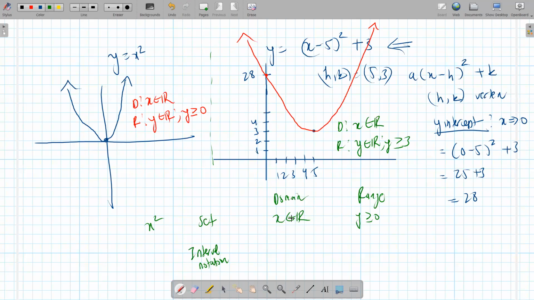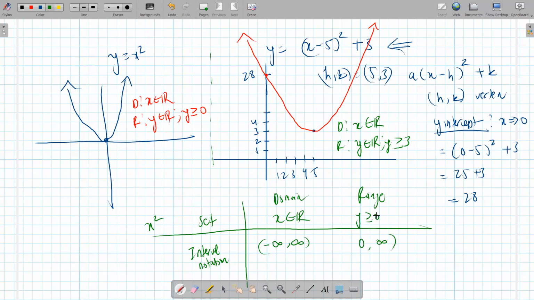Here, look at this. x ∈ R means x can be anything. In interval notation, that means x is everything from negative infinity to positive infinity. Now on the range, y has to be greater than or equal to 0, right? So for the range in interval notation, it's everything from 0 to positive infinity.